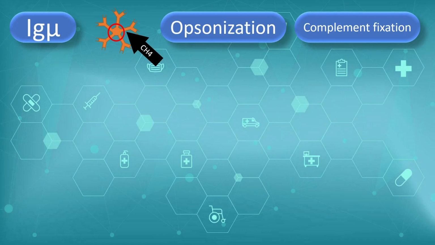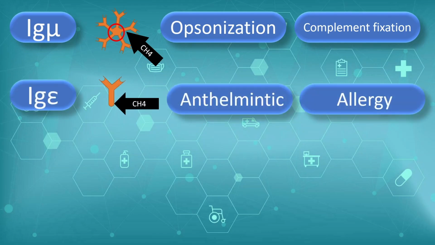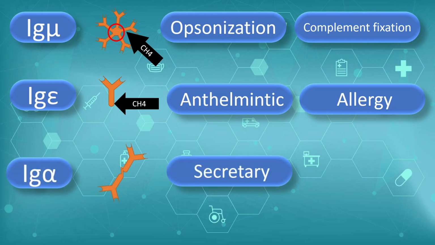Next to that, we have immunoglobulin E, which has receptors on eosinophils and mast cells, which enables this type of immunoglobulin to activate inflammatory reaction and mediate allergy. And immunoglobulin A can be formed as a dimer in a secretory form, not membrane bound.